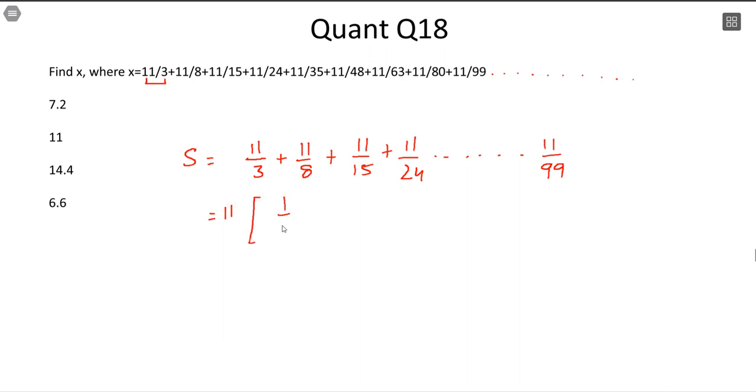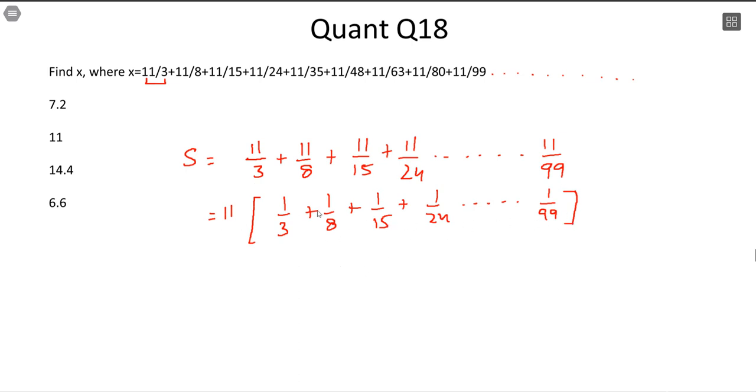Now I'm left with 1 by 3, 1 by 8, 1 by 15, 1 by 24, and so on, up to 1 by 99. Ideally, I would not write this down in an exam. I'm doing this to explain to you what is happening. With the 11 I have taken out, in the denominator I have 3, 8, 15, 24.